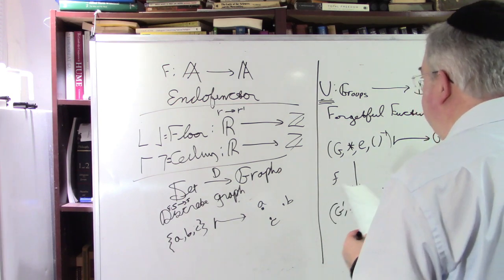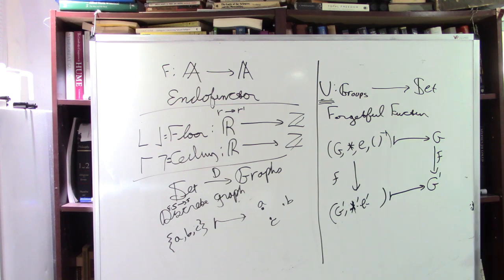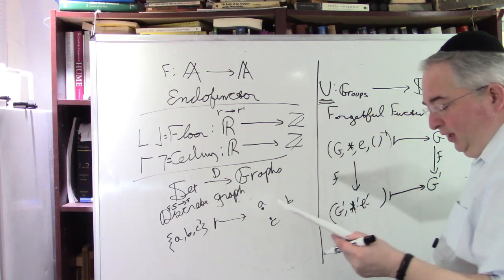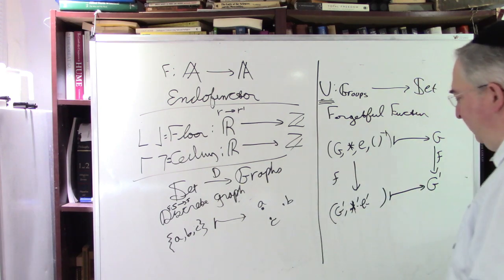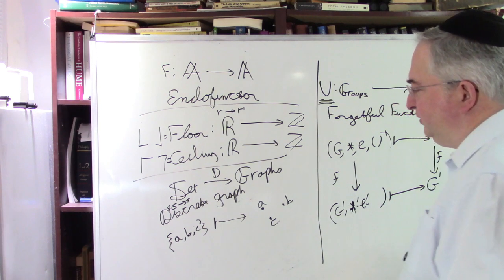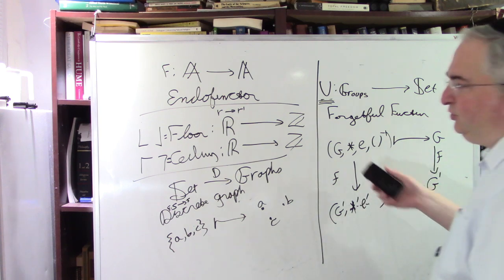Okay, so this is an example of forgetful functors, and we're going to see a lot more of forgetful functors. But whenever you have something with more structure, you can forget that structure.